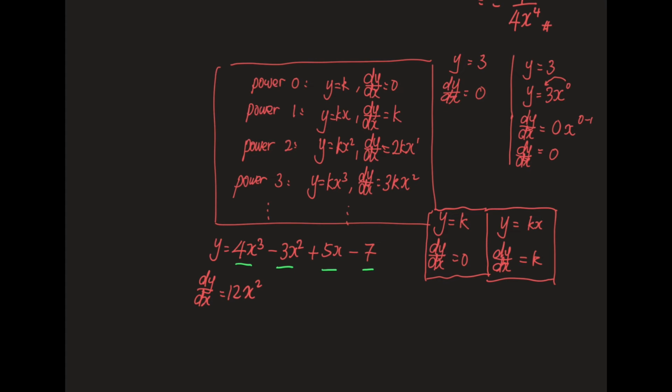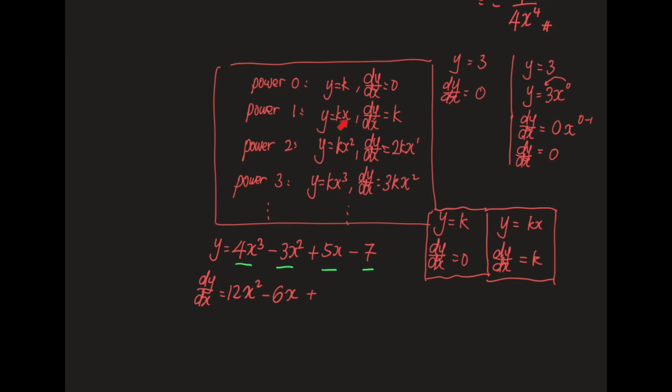Okay, the second term, power 2, right? So normal step, right? Power bring in front, then multiply, and then the power decreases by 1 unit. Power 2 bring in front, multiply with negative 3, you get negative 6. 2 times negative 3 is negative 6. Then x to the power of 2 become x to the power of 1. Next one, the third term, 5x.